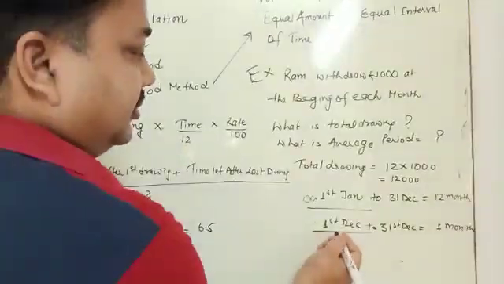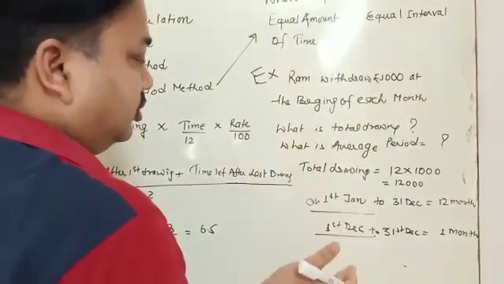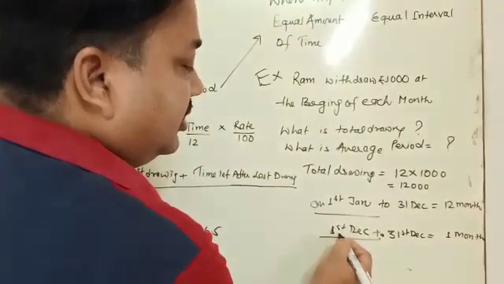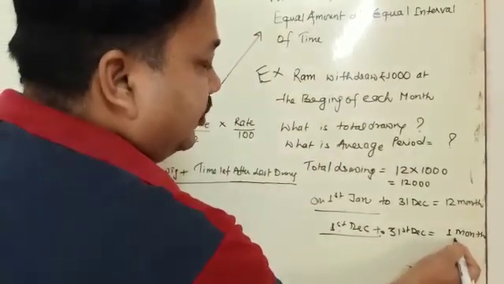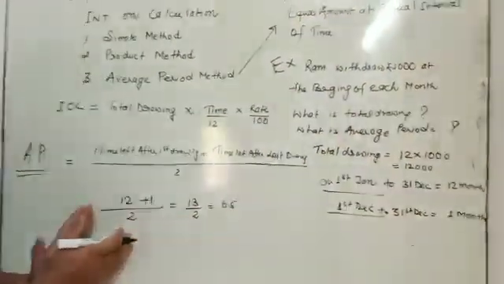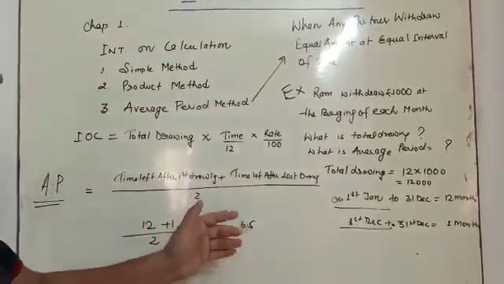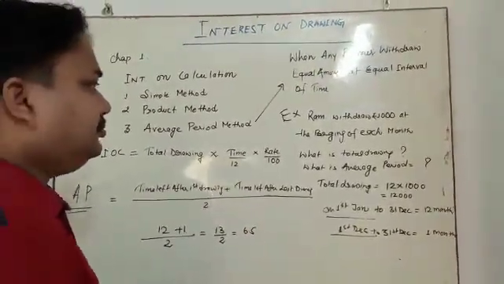On 1st December. Time left after last drawing is 1st December to 31st December, 1 month. That is, 12 plus 1 is equal to 13, by 2 is equal to 6.5. My dear student, how do you solve?